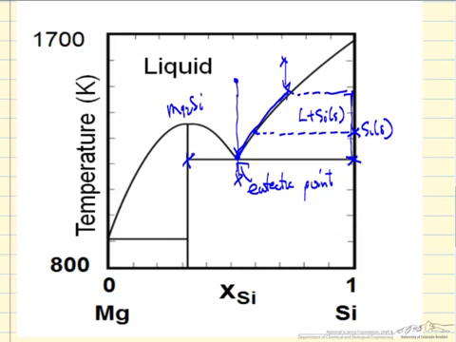And likewise, if we were to start over here and cool down, we would get the compound forming, and we move along this line where we're enriching in silicon in the liquid phase till we get again to the eutectic point, and now both silicon and the compound would form until we reach a combined composition of these two such that we satisfy the overall composition of the original liquid.